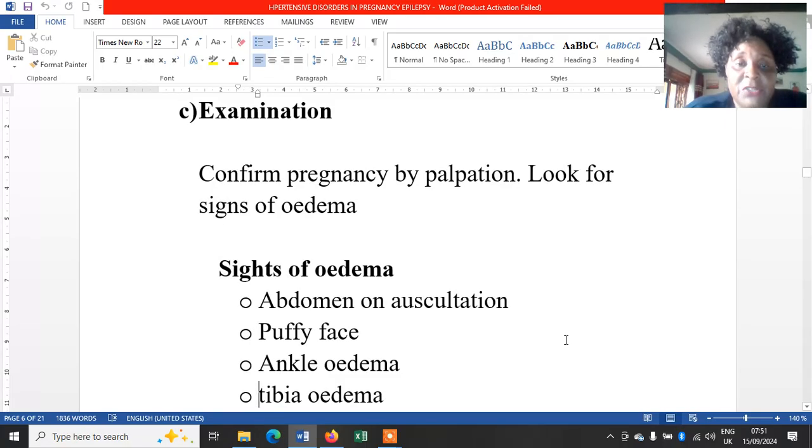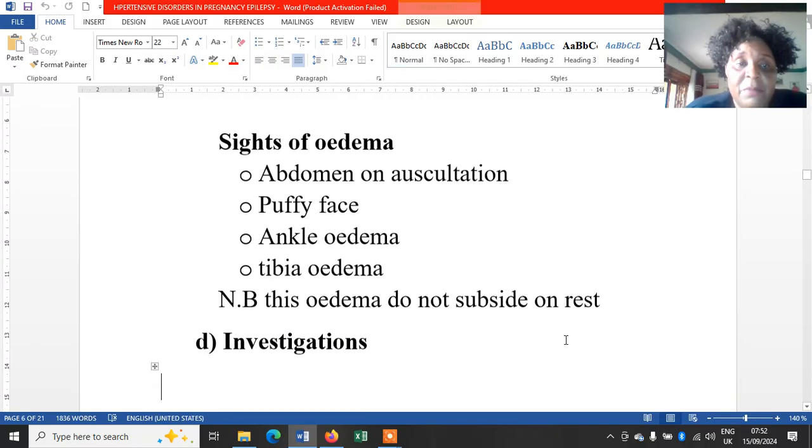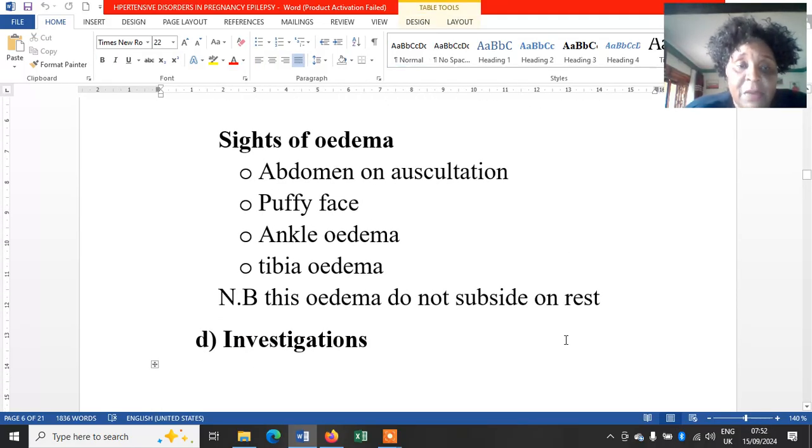Then we go ahead to do examination, that is head to toe. First of all, we must confirm pregnancy, whether this mother is pregnant, and also look for signs of edema. And here, there are key sites whereby we can look at edema.